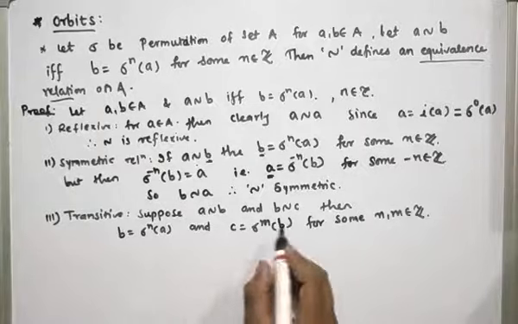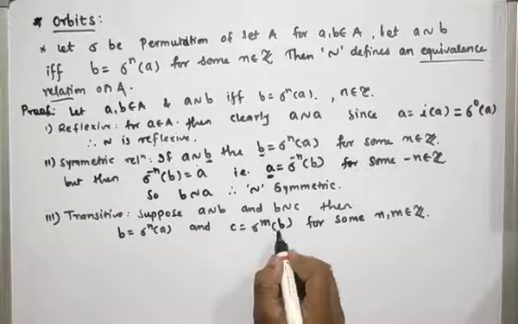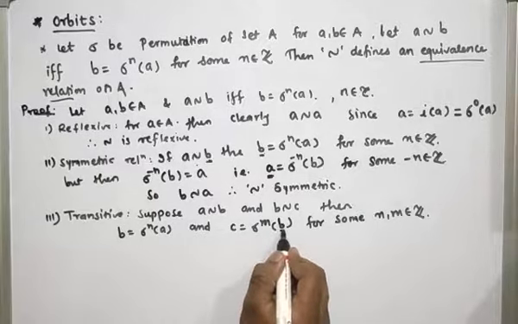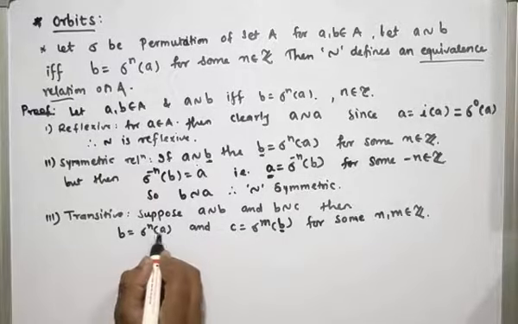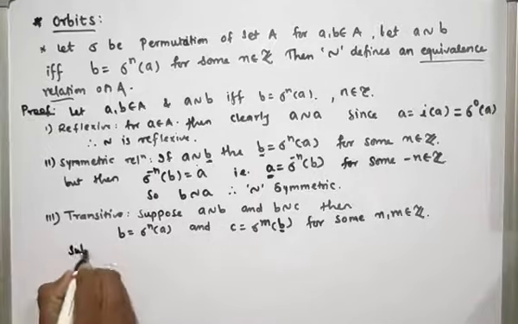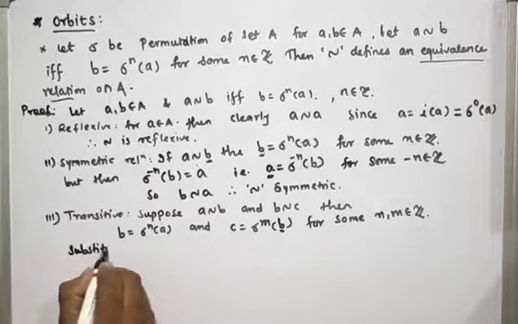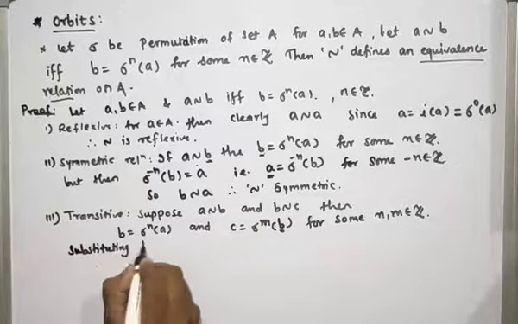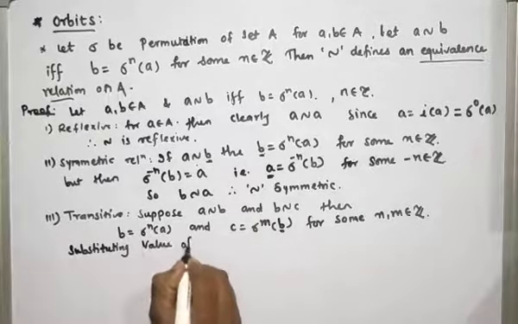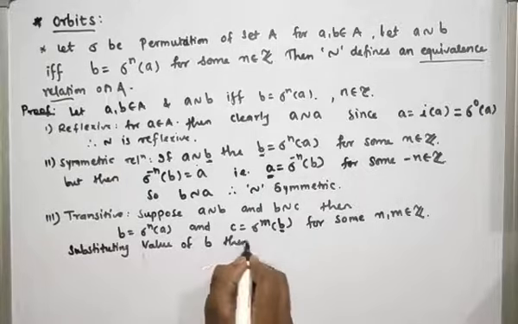So here we have C is equal to sigma raised to m of B, and this B has the value sigma raised to n of A. Substituting the value of B, what will we get?